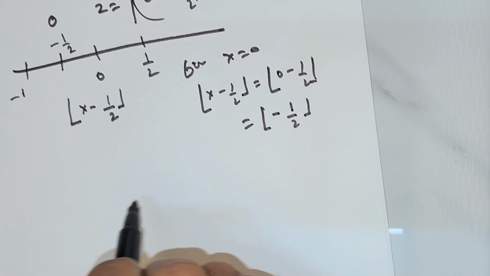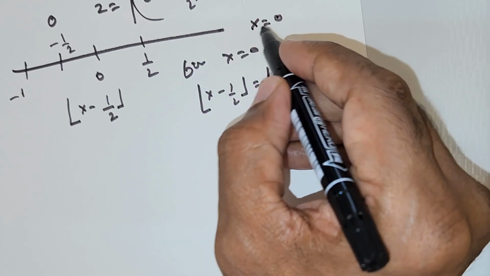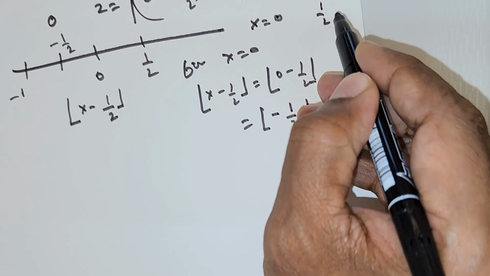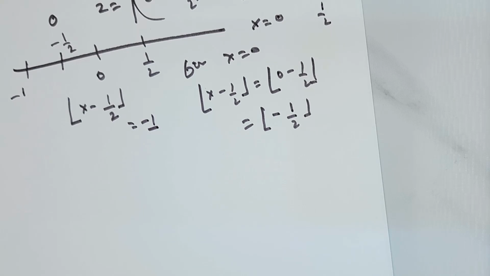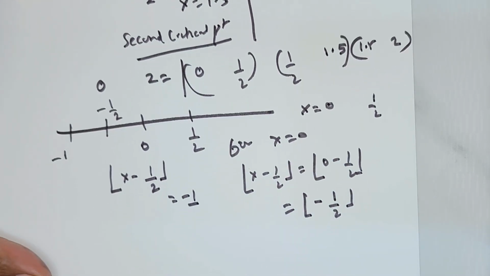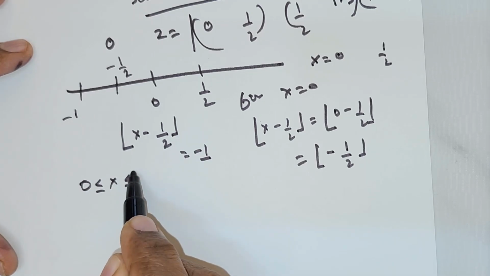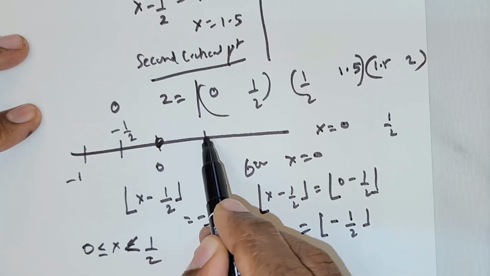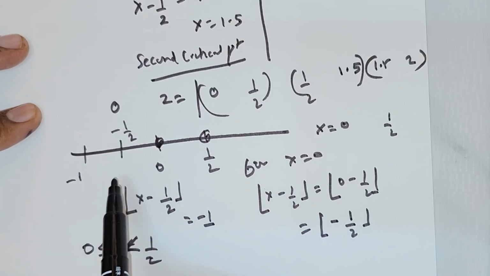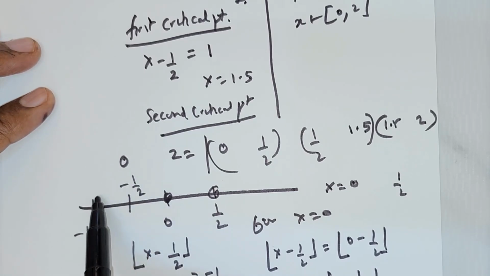So the value that the floor will produce for this region, 0 to 1 over 2, would be equal to negative 1, because we are taking all values between 0 and 1 over 2, getting values down to negative 1 over 2, and the floor of negative 1 over 2 is negative 1.